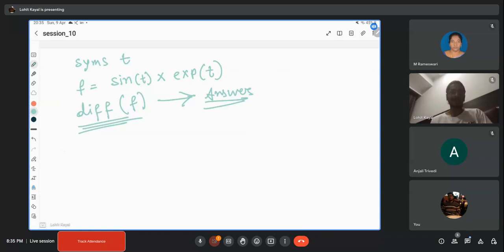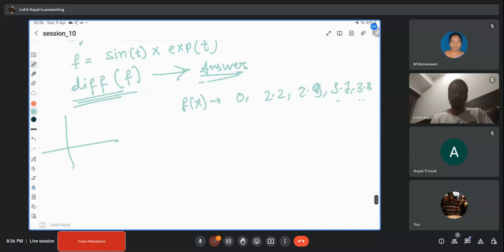Now if you don't want to use symbolic differentiation and you have some data points. In reality, most of the time you will not get a good function, you will get some data points, and you need to find the derivative of that. Suppose fx equal to 0, 2.2, 2.9, 5.7, 3.8, and so on.